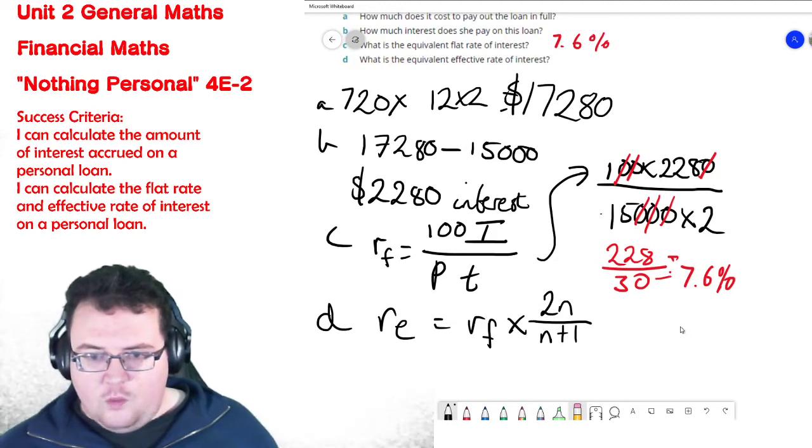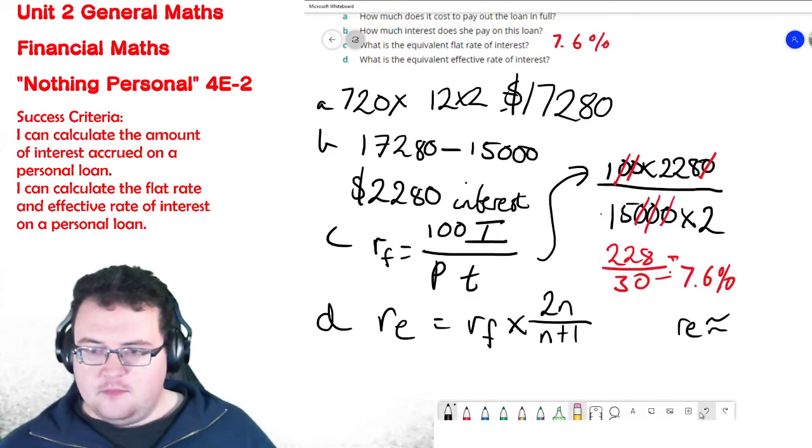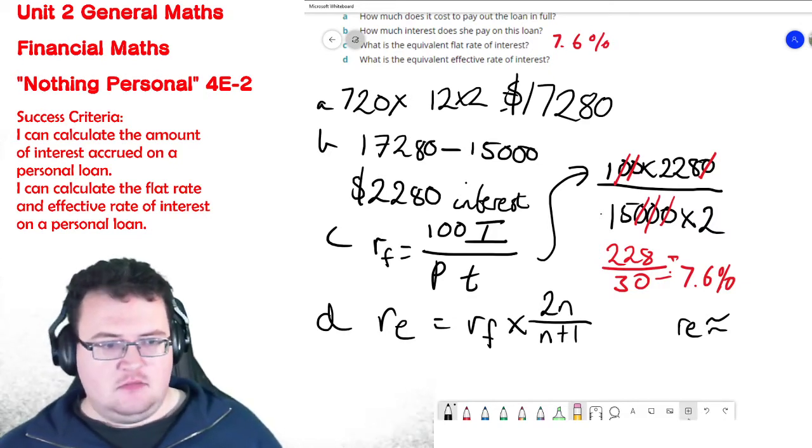So, what is RE approximately equal to? We talked about it last class.